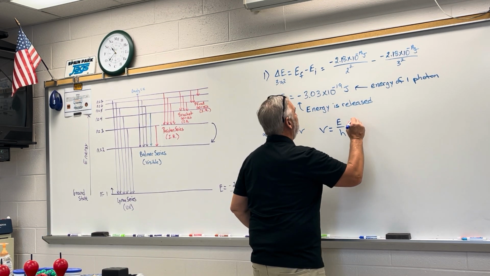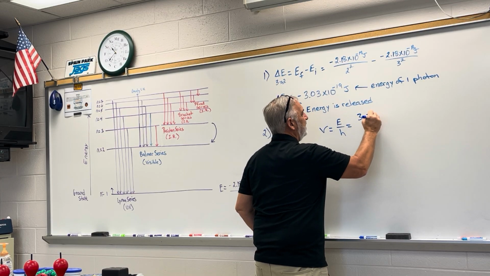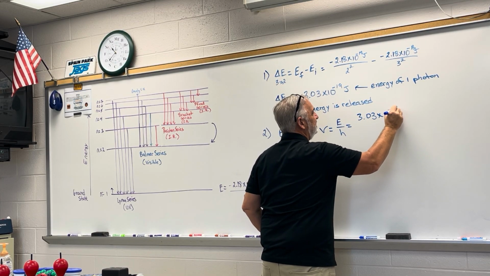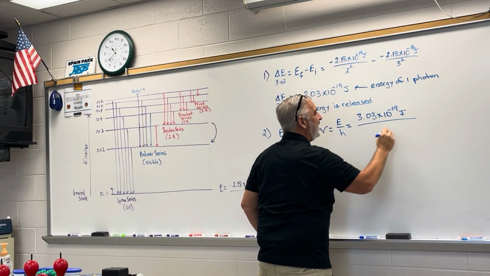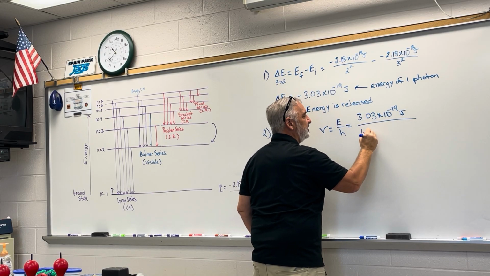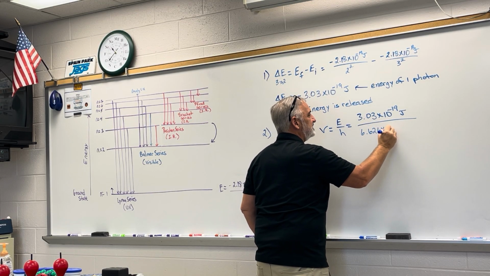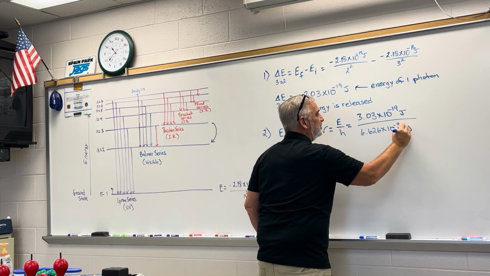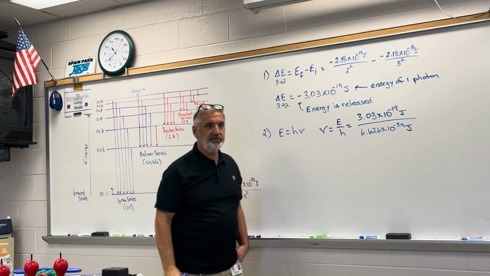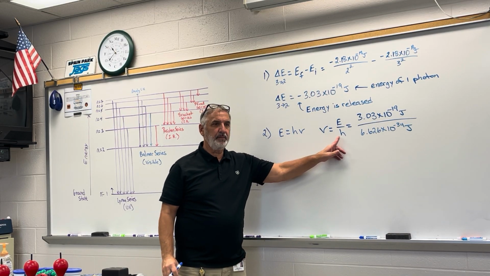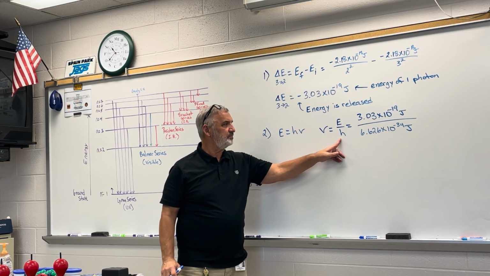So we simply say 3.03 times 10 to the minus 19th joules divided by h, which is Planck's constant, 6.626 times 10 to the minus 34th joule-seconds. That number is always going to be given to you. That's a constant, Planck's constant.